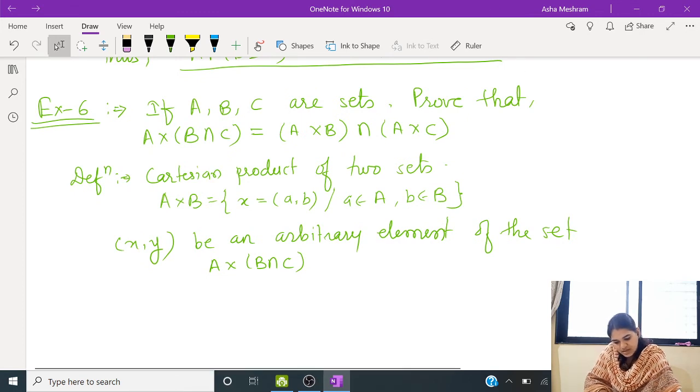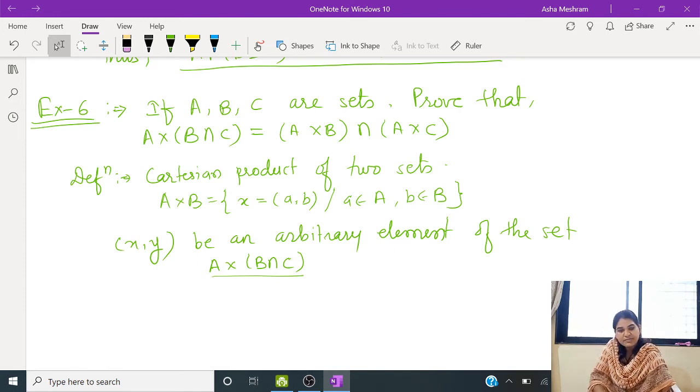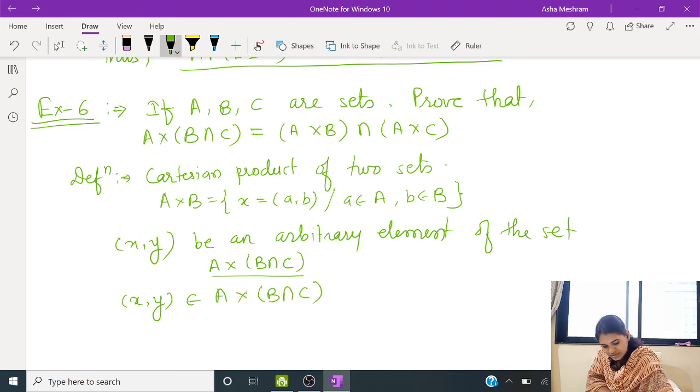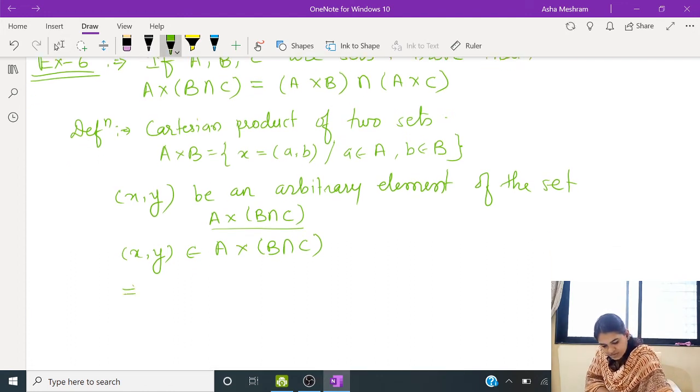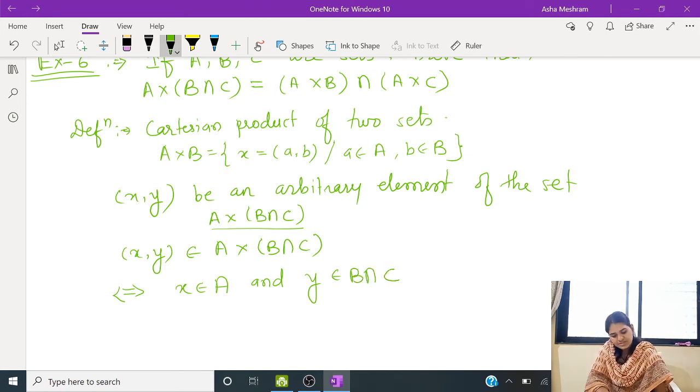Since this is the cross product of two sets, I take the element in the form of an ordered pair. (x, y) belongs to A cross (B intersection C) if and only if x belongs to A and, very important, y belongs to B intersection C.